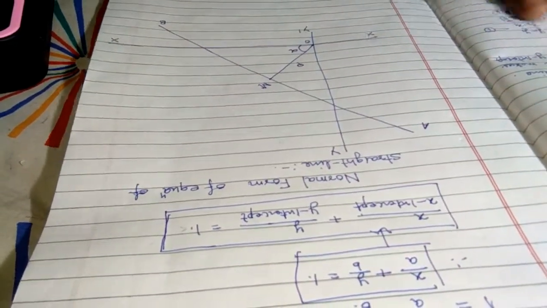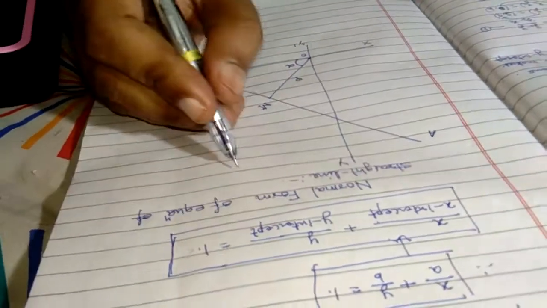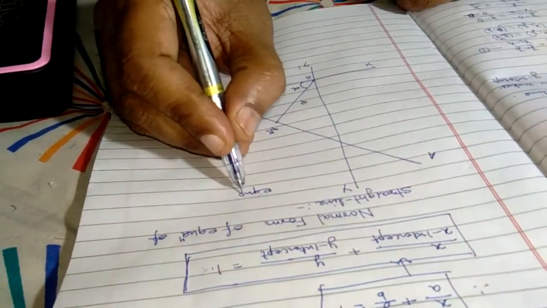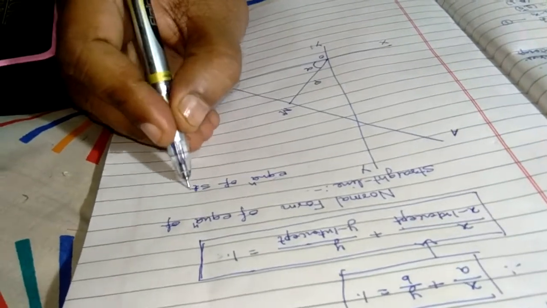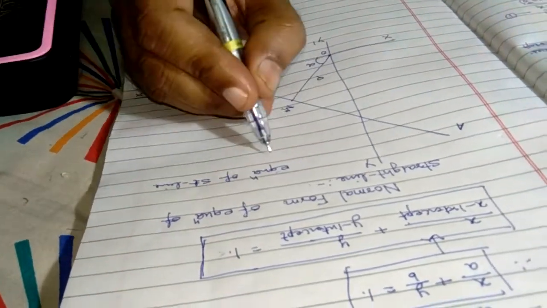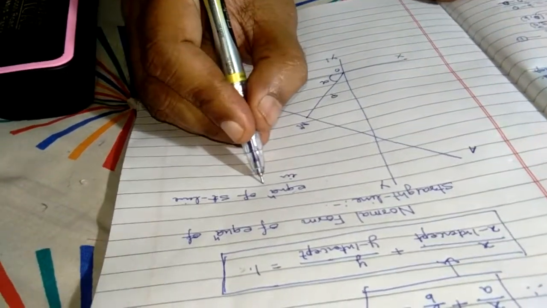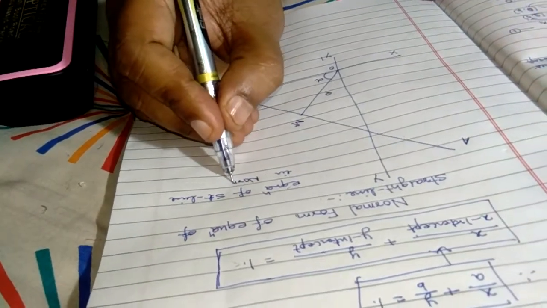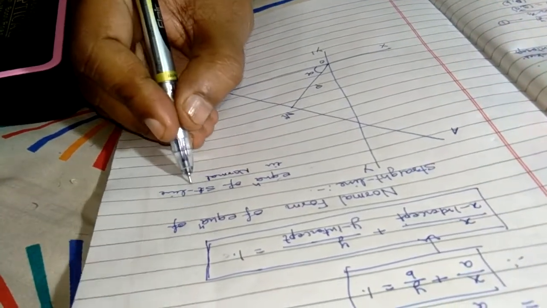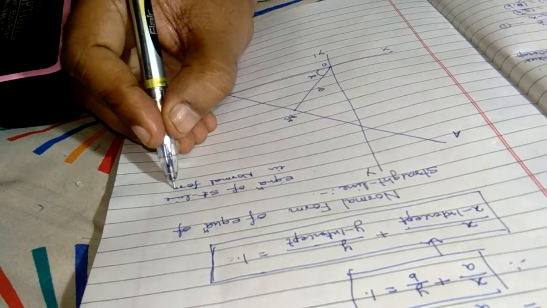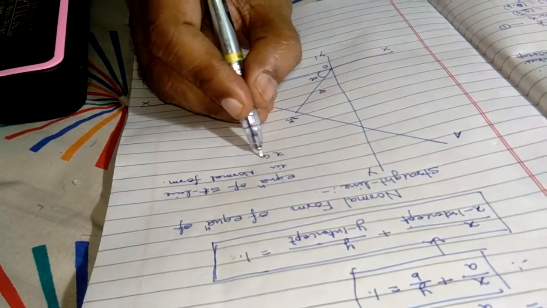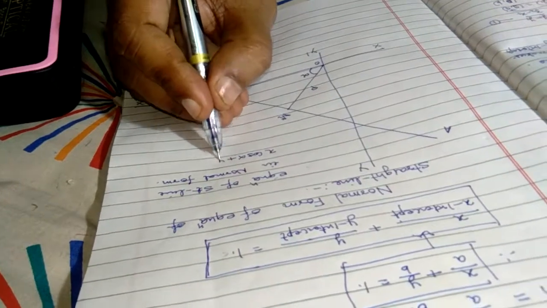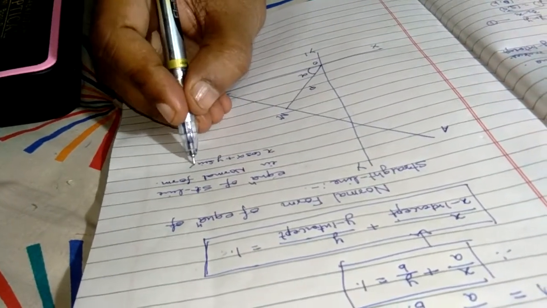Now the normal form says that the equation of a straight line in normal form, or perpendicular form, we can also say, is x cos alpha plus y sin alpha is equal to p.